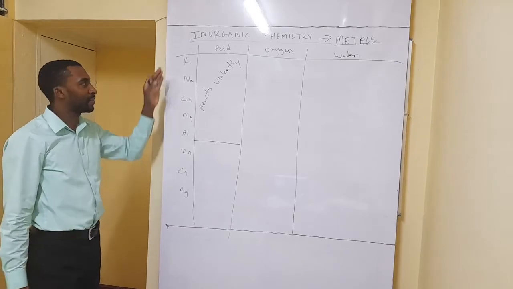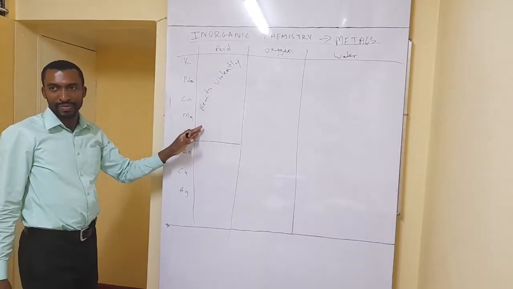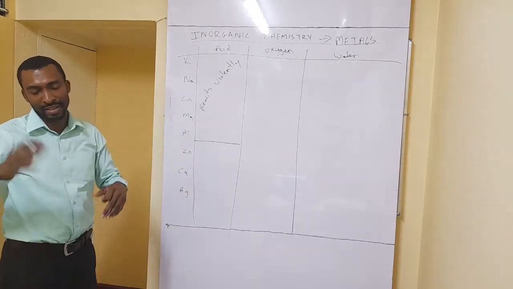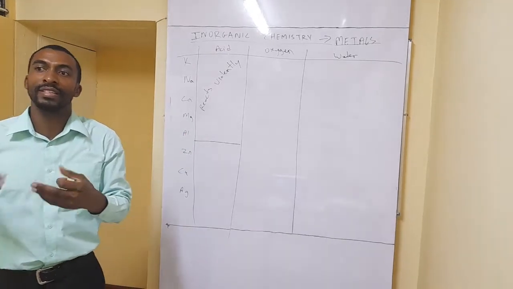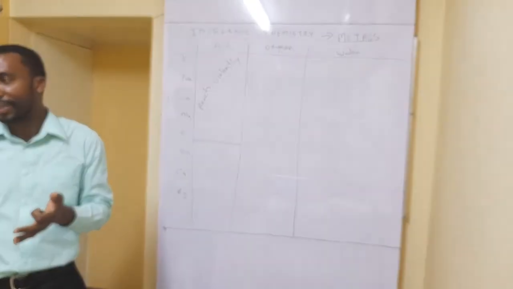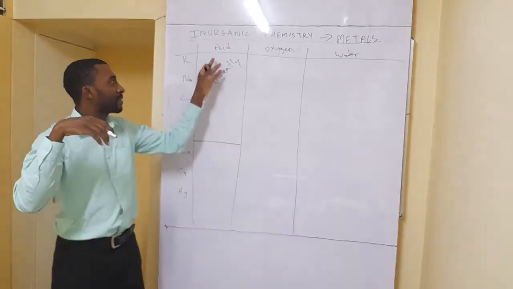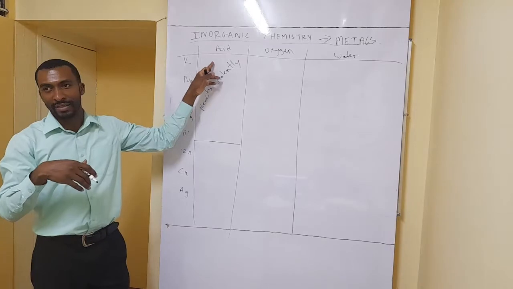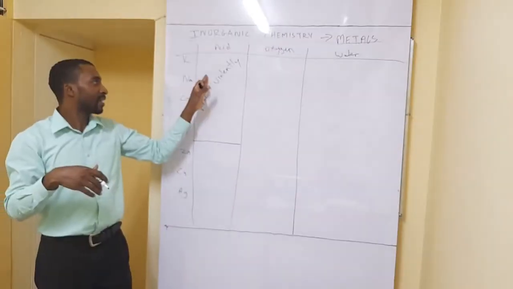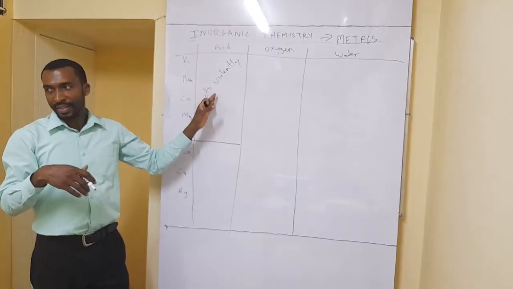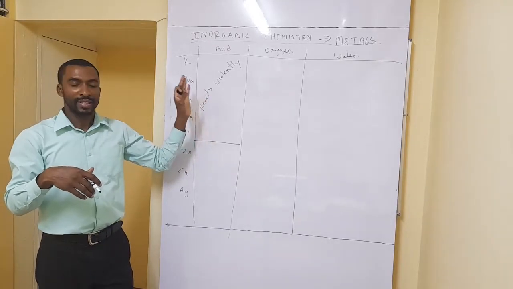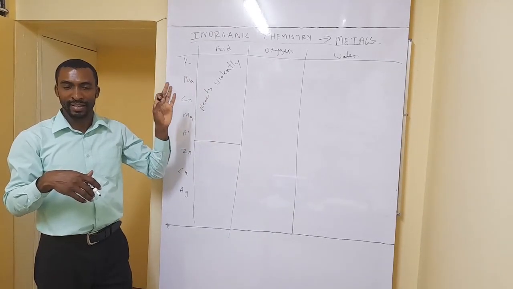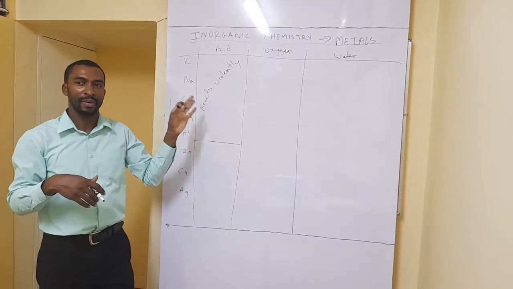Coming down, we have to know that, but in general all these group 1, 2, and 3 metals react very vigorously, so they will even catch fire. Sometimes when the reaction is taking place with the acid, if you go on YouTube and watch a video, you'll see that. Remember that the acid will react with the metal to produce the salt plus hydrogen gas.